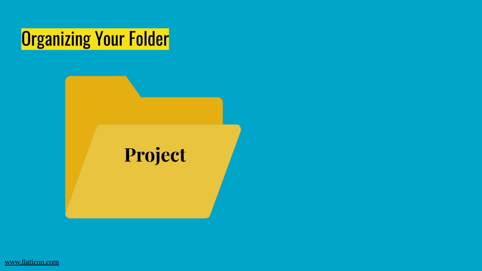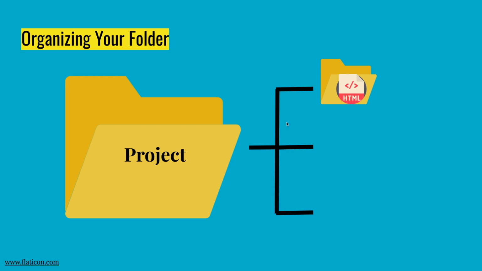Okay. Something that's important is organizing your project. We're going to have a main project folder, which is nice with Replit, because the site that we're using is basically our main folder right now. In other code editors, you would possibly have a folder just for your HTML.